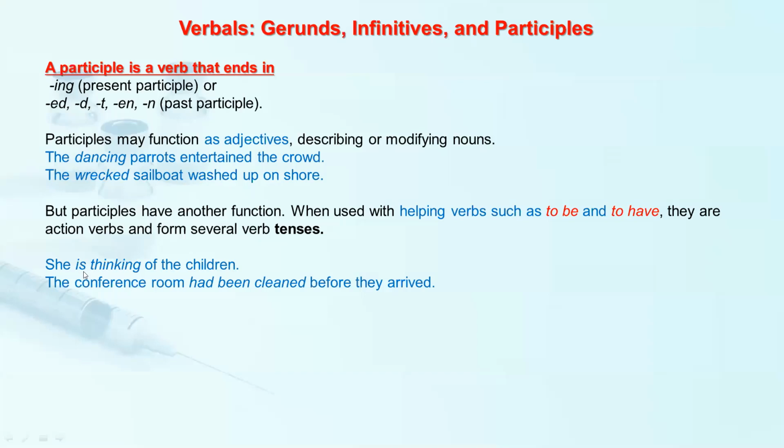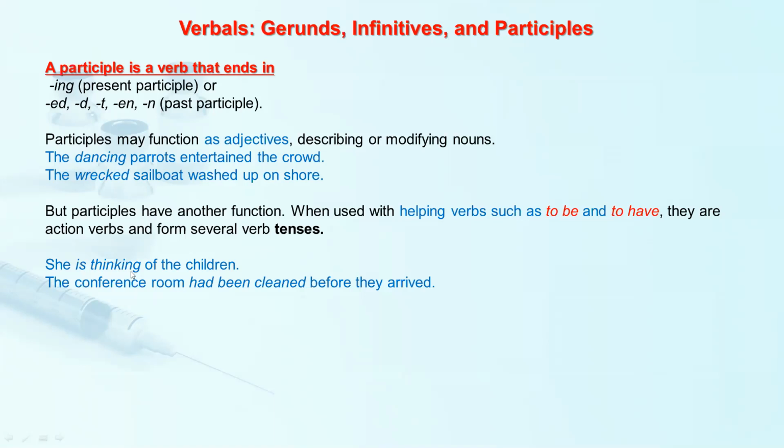But before this present participle, we have this helping verb or auxiliary, which is is, a present form of the verb to be. She is thinking here. The function of this word thinking is like a continuous verb. So this is a verb tense.